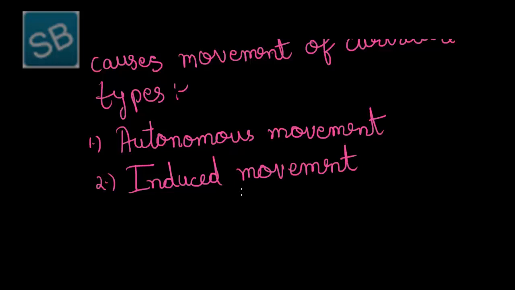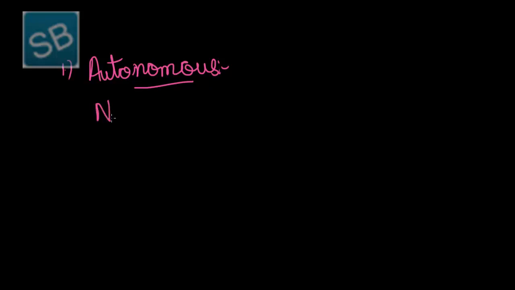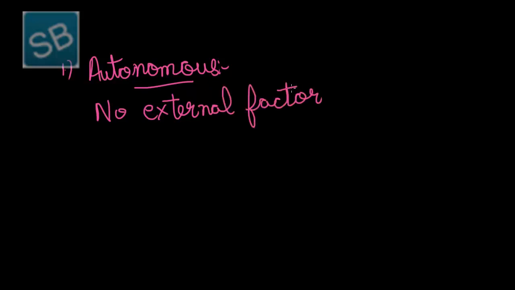On the contrary, in induced type, an external factor is responsible. So let us start with the first movement, that is autonomous curvature movement. As said, in this movement, no external factor is involved for causing such uneven growth.